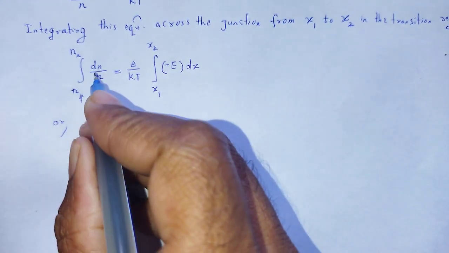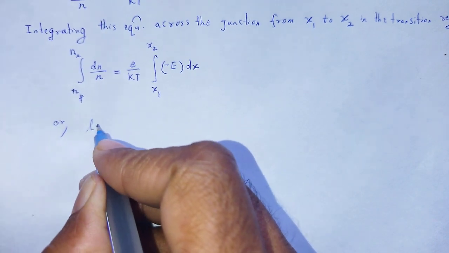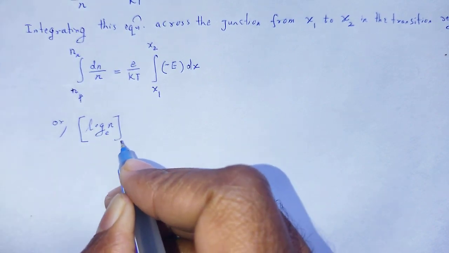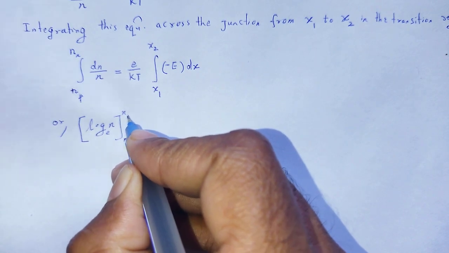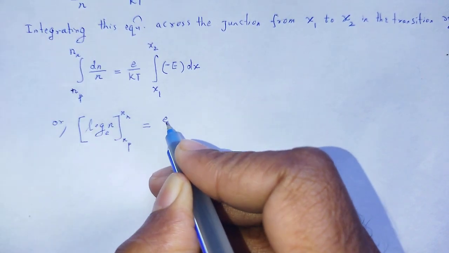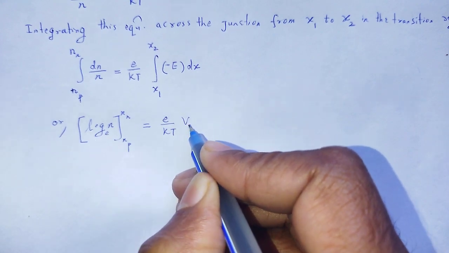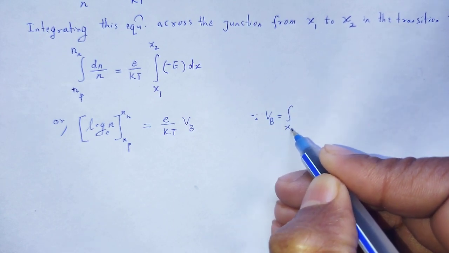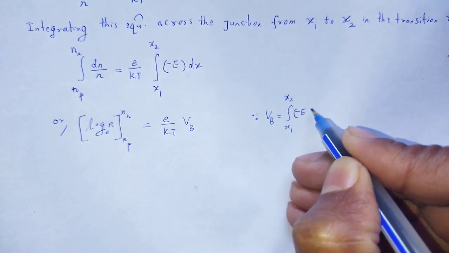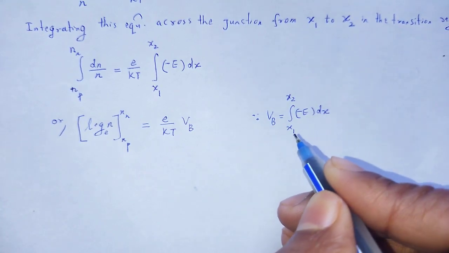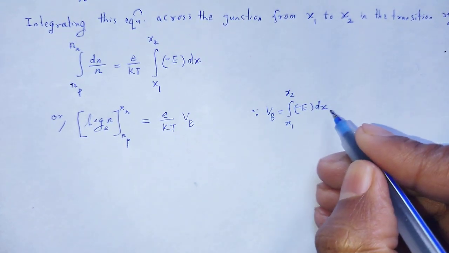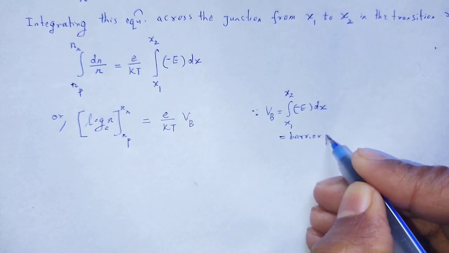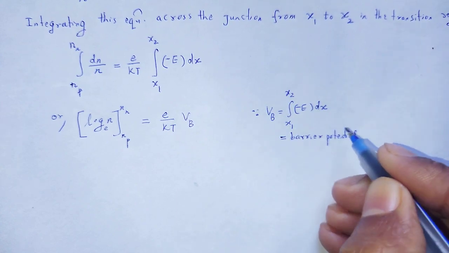The integration of dn by n gives log of n base e, using the limits n p to n n, equal to e by kT Vb, where Vb is equal to the integration from x1 to x2 of minus E dx, which is called the barrier potential. That is the relation of potential to the electric field.